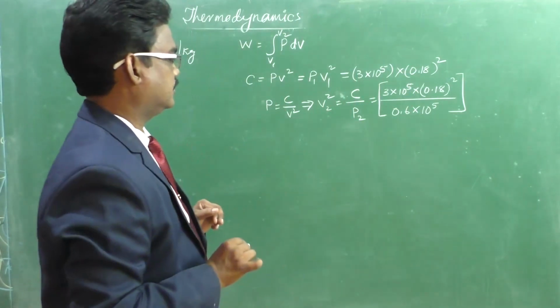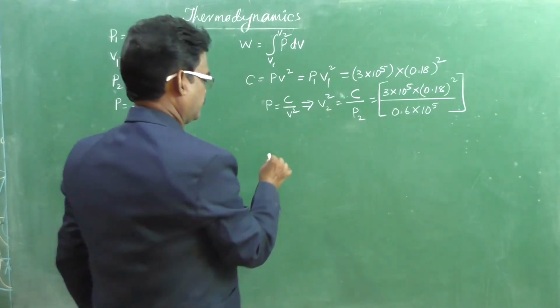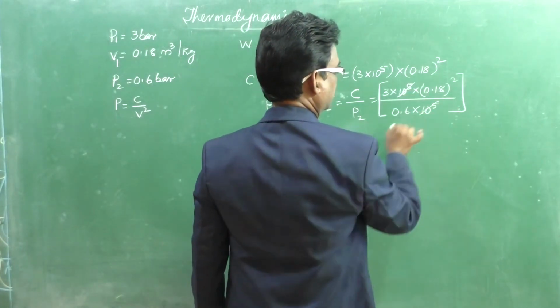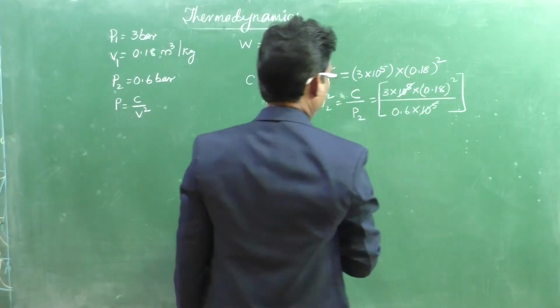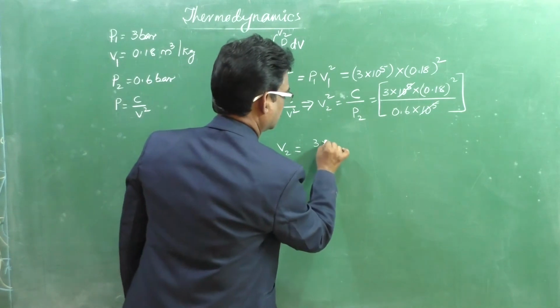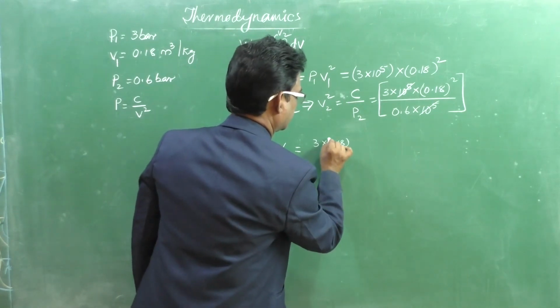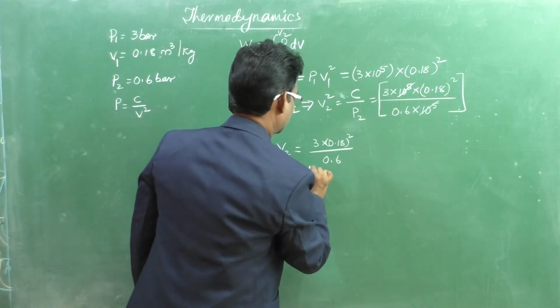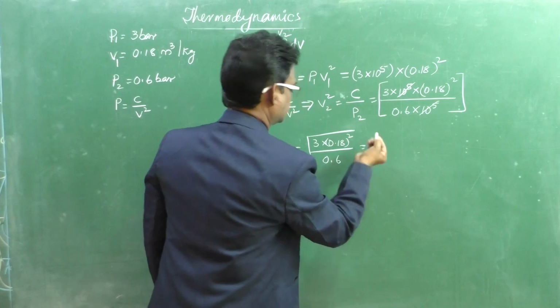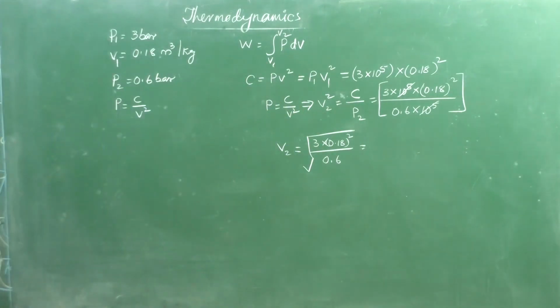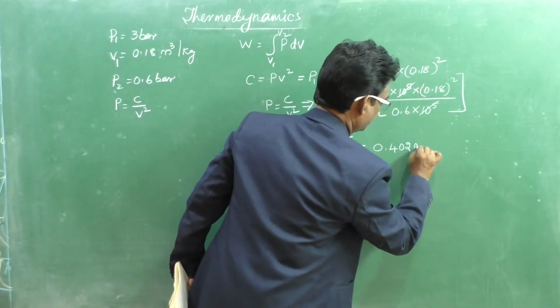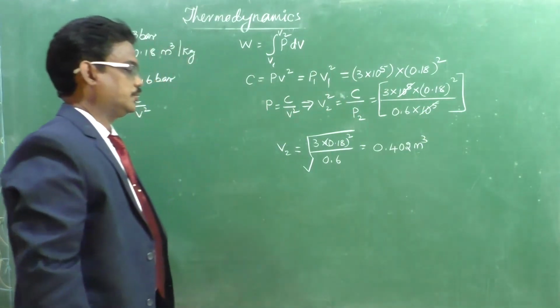And it is V2 square, therefore V2 is equal to, this one and this one we can cancel out, 3 into 0.18 square whole divided by 0.6 under root. This value will be 0.402 meter cube. We got V2.